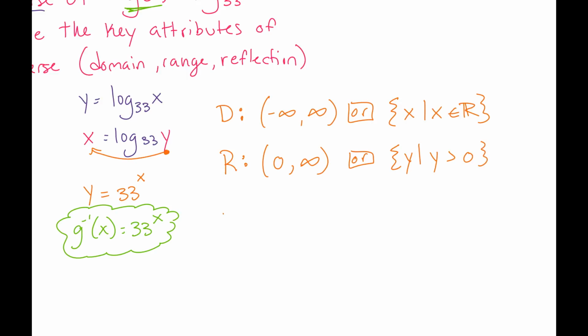And then what line do we reflect over? Every time you have an inverse, you are always reflecting over the exact same line. Every single time. What line is that?